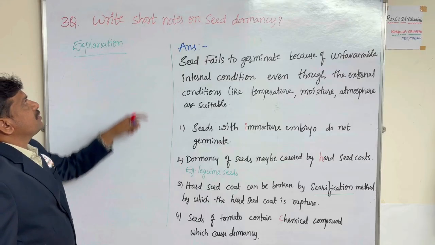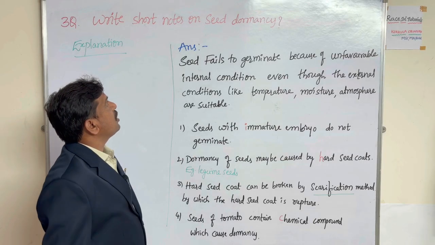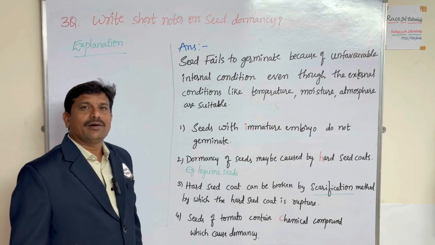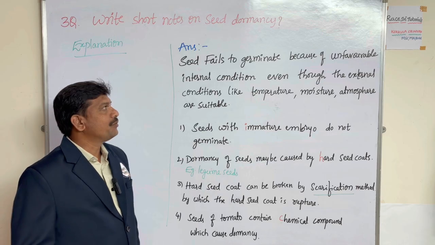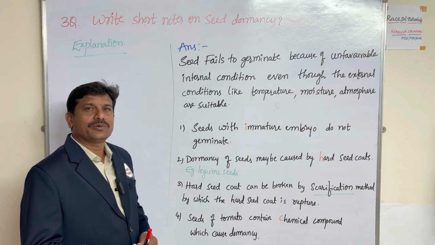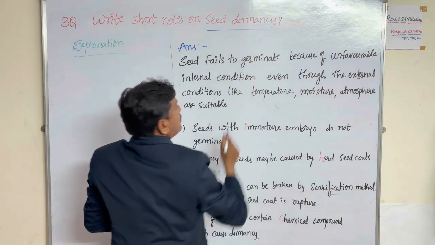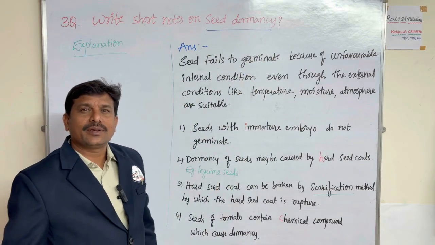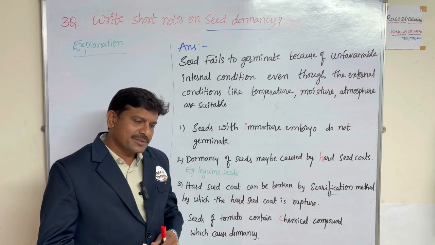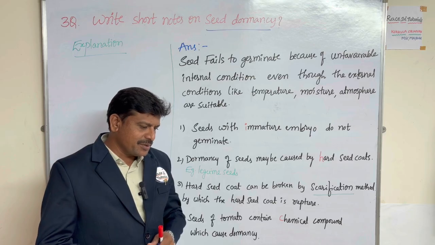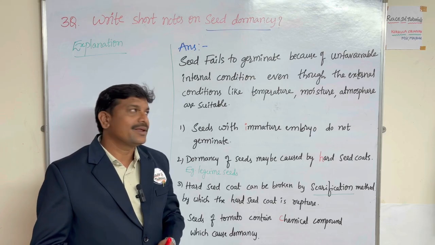The third one is write short notes on seed dormancy. A very simple, easy question. What is seed dormancy? Actually, in my crops, seeds are not germinating. What is the reason?